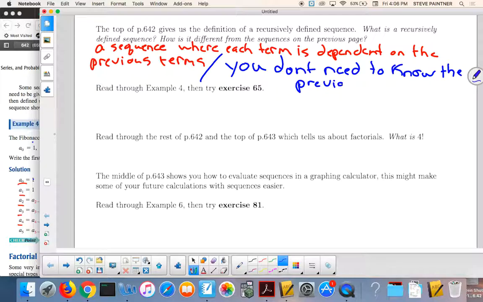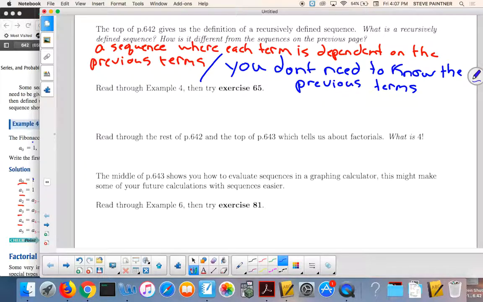And that kind of makes recursively defined sequences a little unique. There are certain frustrations using recursively defined sequences, where you can't figure out the 200th term without knowing all 199 before it. And as we go further in the chapter, we're going to find better ways to deal with recursively defined sequences.